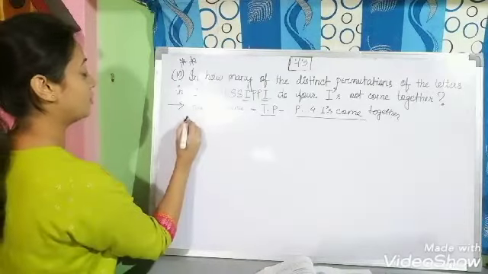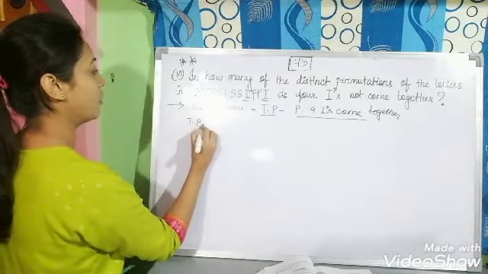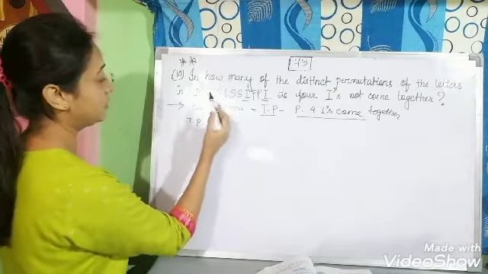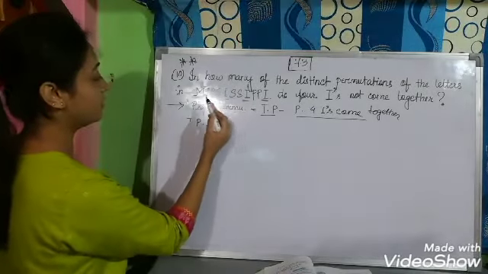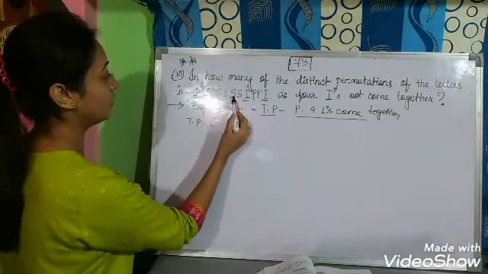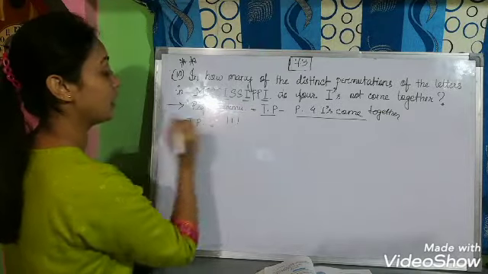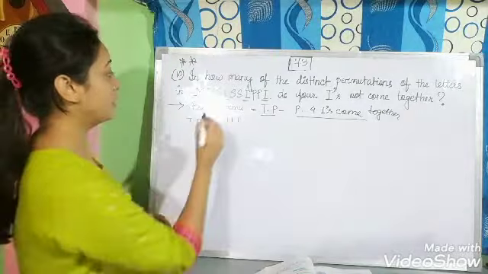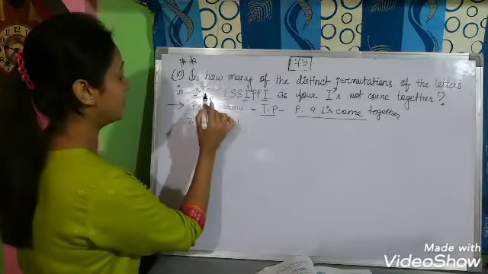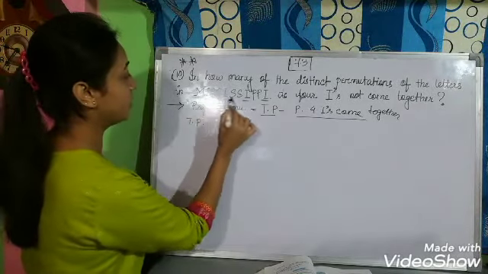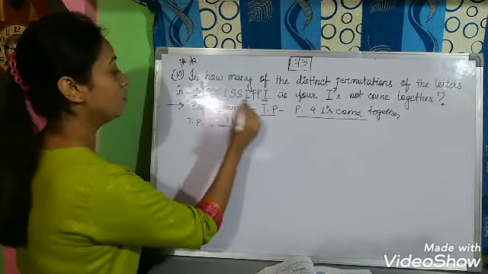So total permutations will be equal to how much here? How many letters are there? 1, 2, 3, 4, 5, 6, 7, 8, 9, 10, 11. So they can be arranged among themselves in 11 factorial ways. Now here you see some of the letters are repeated. I is occurring how many times here? 4 times.